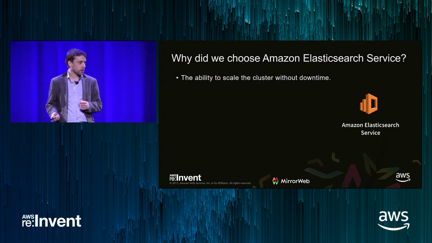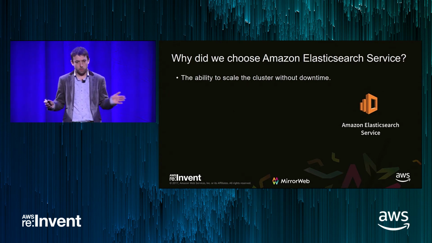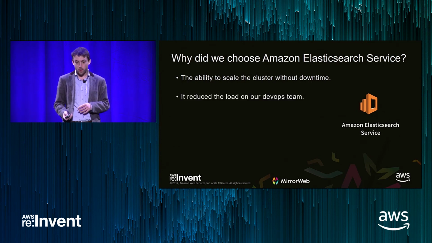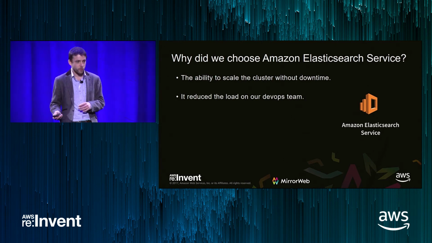We chose the Elasticsearch service for a number of reasons. Being able to scale was incredibly important. As you'll see later, we spun up a very large cluster to do the initial ingest and then scaled it back down to an affordable level when we went live. By using their service as well, it meant I didn't have to employ lots of Elasticsearch experts to run an Elasticsearch cluster, which did help.